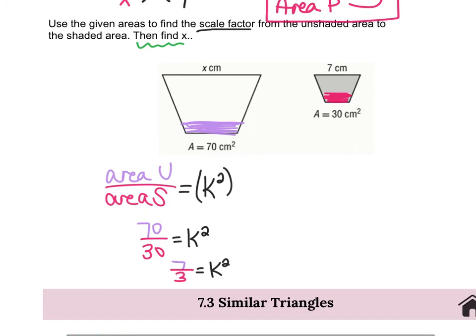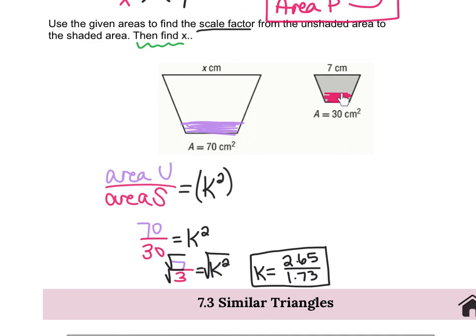Now we just need to solve for the scale factor alone, or just k. Take the square root of both sides, and we get that k is equal to the square root of 7 over the square root of 3. The square root of 7 is 2.65 over the square root of 3, which is 1.73. So this is our scale factor between our unshaded and our shaded area.